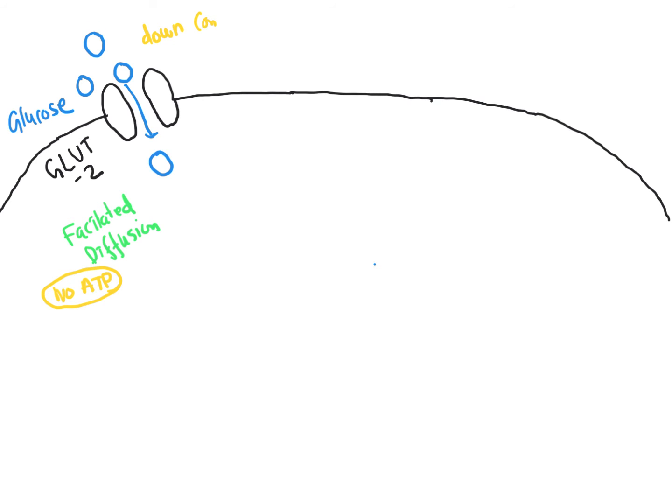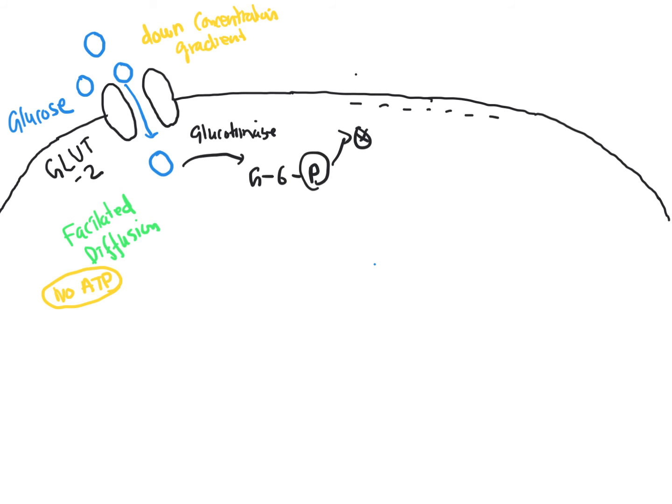Now, once the glucose is inside the cell, glucokinase, which is inside the beta cells of the pancreas, phosphorylates the glucose. Therefore, we have glucose 6 phosphate. And glucose 6 phosphate cannot leave the cell because the negative charge on the phosphate group causes the entire glucose 6 phosphate to be more negative.